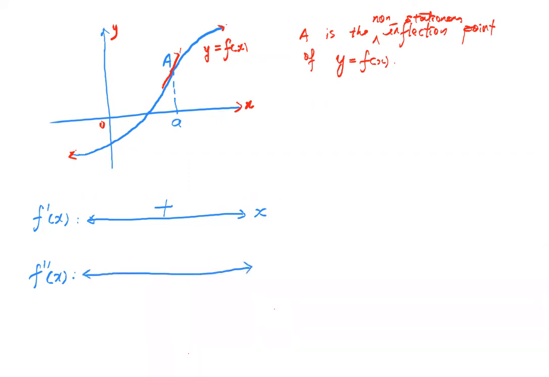Is there any inflection point? Yes. What is the coordinate x of the inflection point? A. So straight away, I read here, f double prime A equal to 0. So should I mark A on my line for f double prime? For x less than A, what should the sign be?